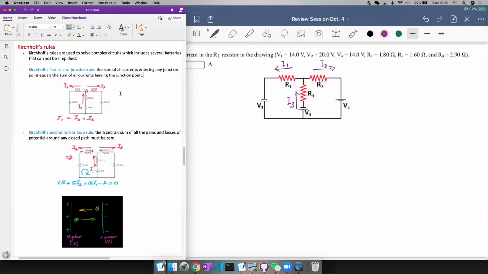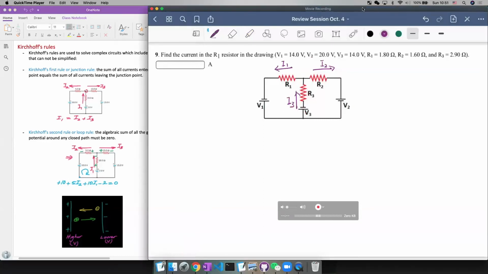The current is driven by the power, which is driven by electrical potential, from higher to lower. So when we have these three directions, we also have the electrical potential. We should mark it right now because later on it's probably going to confuse us.